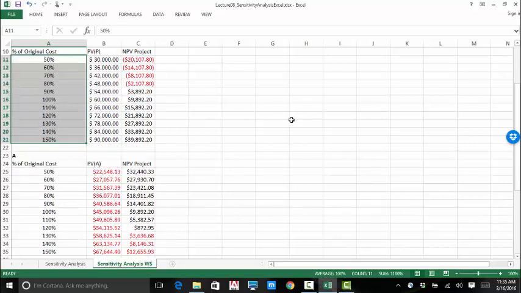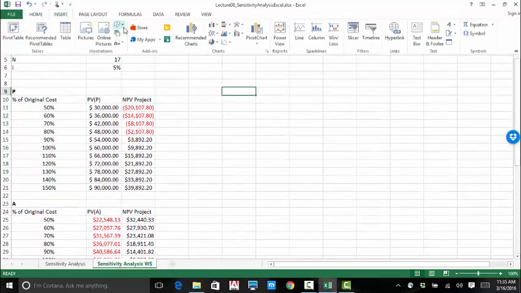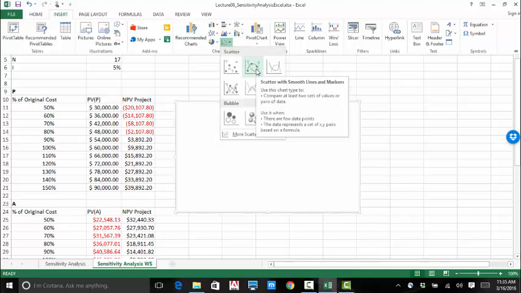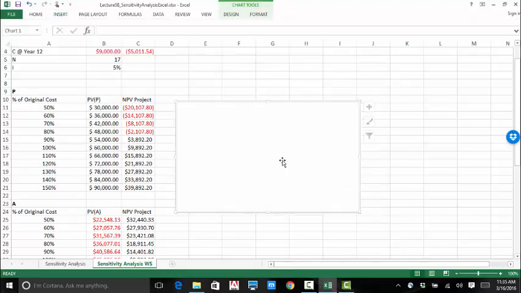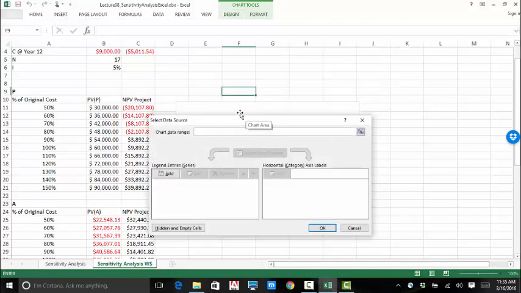Another thing that you can do with this is to make a plot. So let's go ahead and insert a chart. Do one of these, scatter with smooth line markers. You can add data to it, select data.